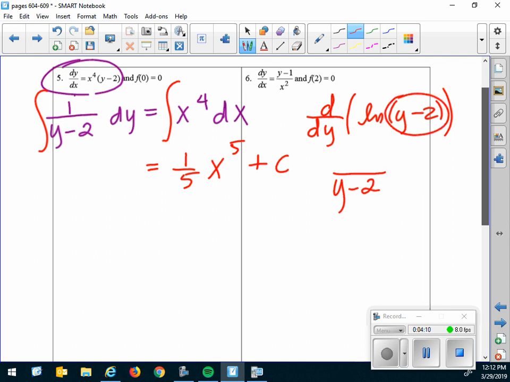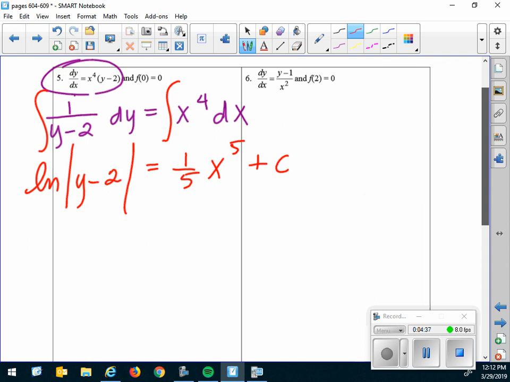But what's the derivative of y minus 2 with respect to y? So that's how we get 1 over y minus 2. So this is a natural log. Now you also have to put absolute value. If you can deal with a natural log problem, you can knock every one of these out of the park. This is going to be as tough as they get with the natural log.